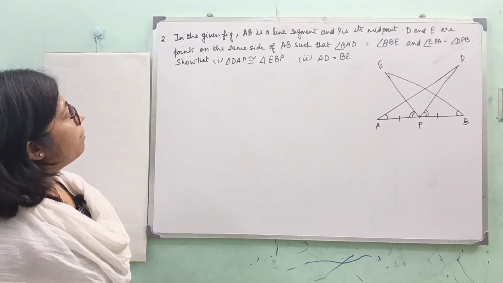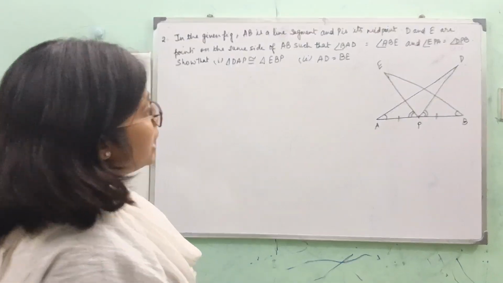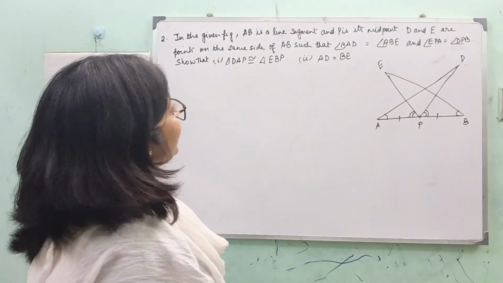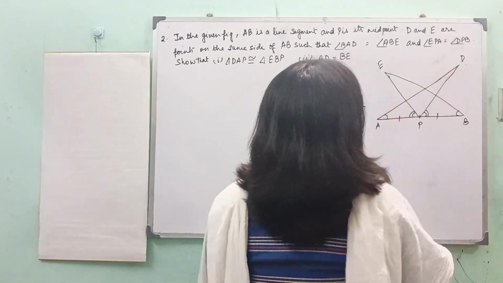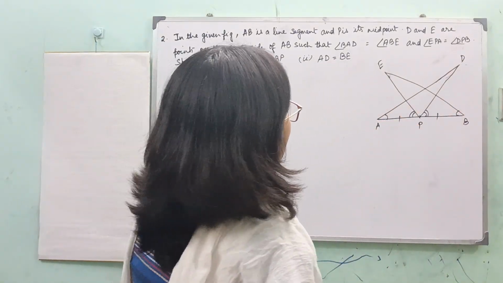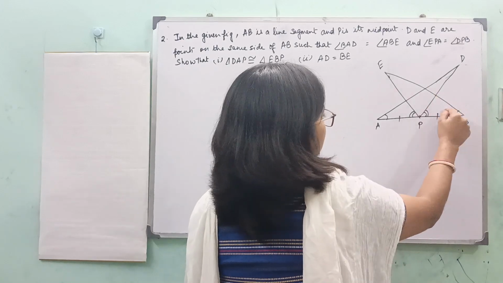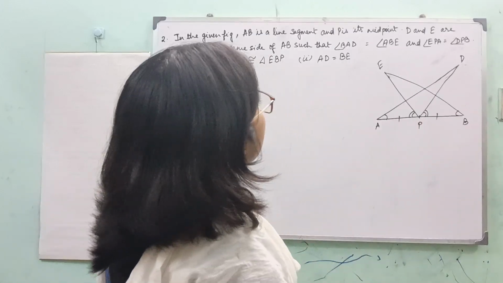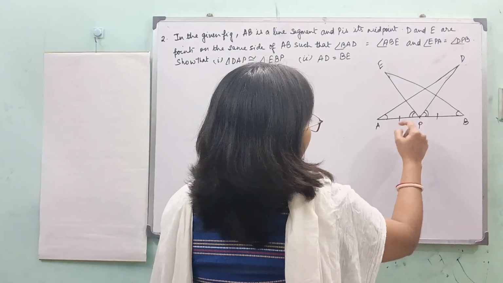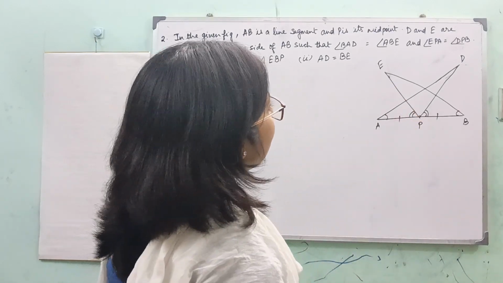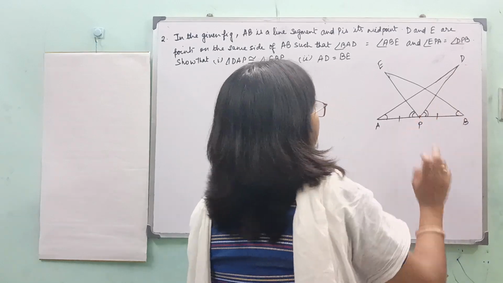So D and E are points on the same side of AB such that angle BAD is equal to angle ABE. So these two angles are equal. All right. And angle EPA is equal to angle DPB. All right.